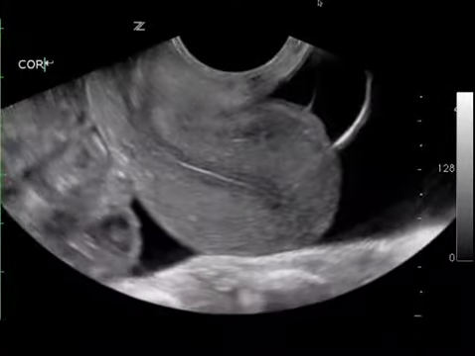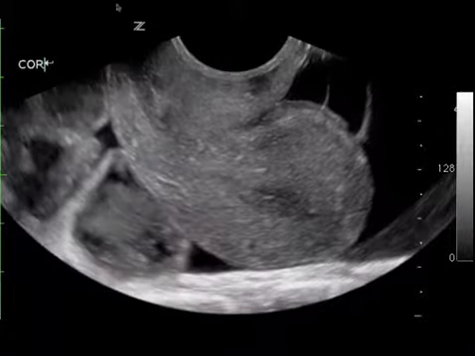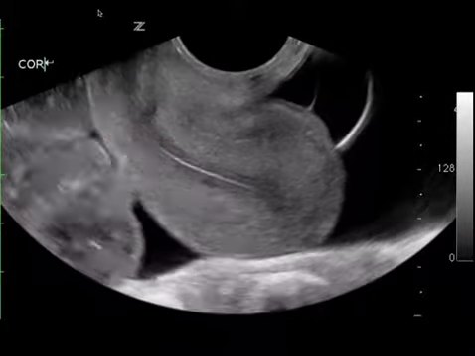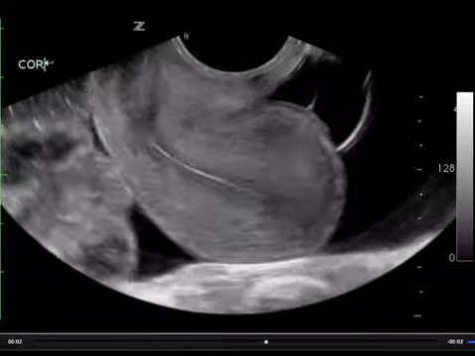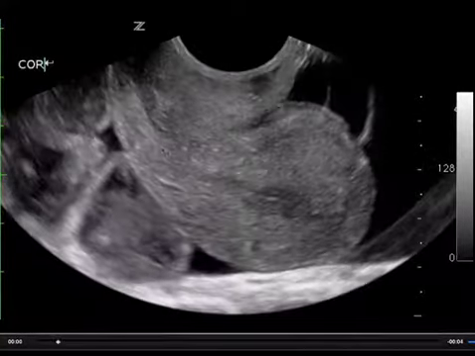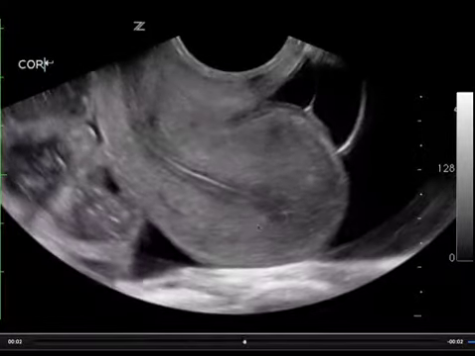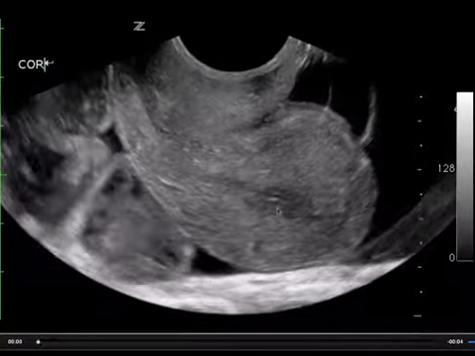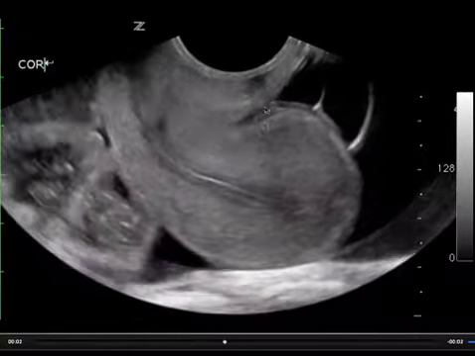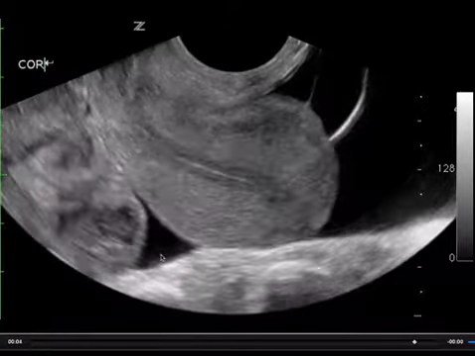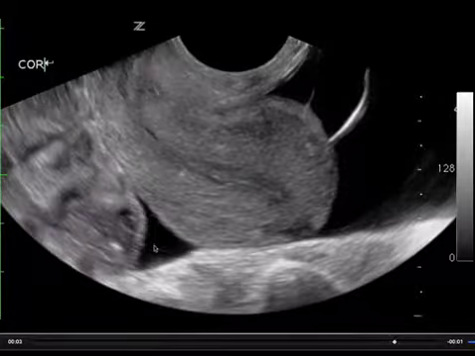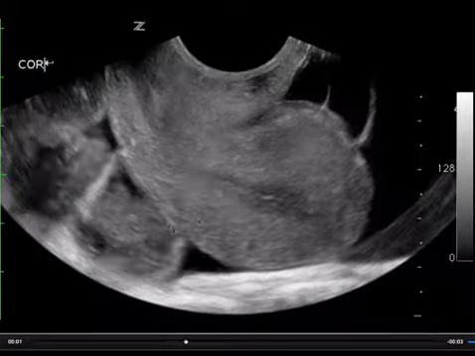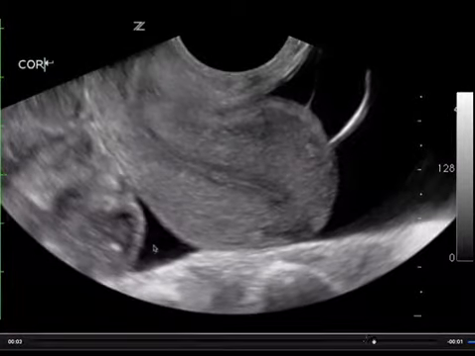This is an example of an abnormal retroverted uterus. What we see anterior is we see the cervix and we see a thin endometrial stripe leading to the fundus of the uterus. What is abnormal about this scan is we see large pockets of anechoic fluid anterior and posterior to the uterus, which represents free fluid.